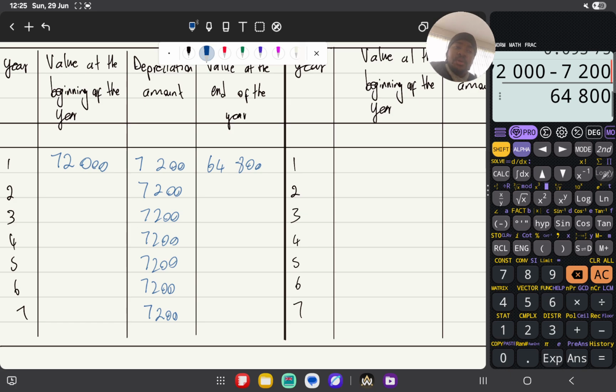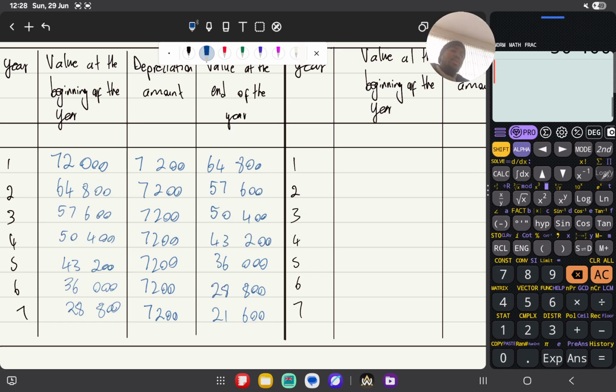So now I'm going to pause again and do the subtraction. I've just done the math. Basically, this is the value at the beginning of the year. We subtract this at the end of the year. This is how much money you have. And then in the beginning of the new year, you have exactly that amount, and then depreciation happens.